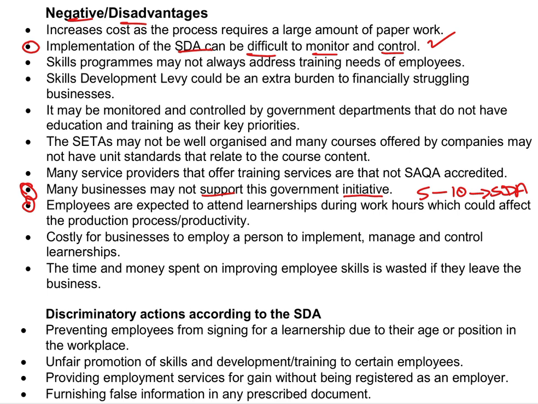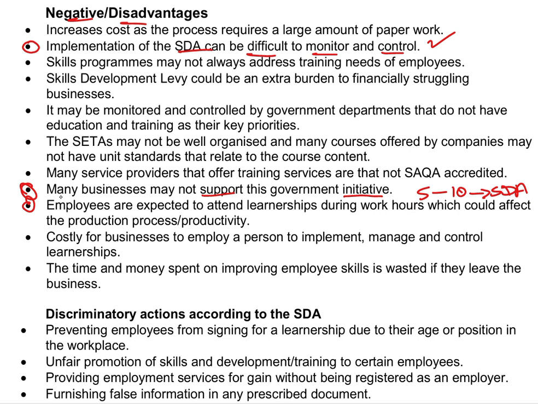So what I'm trying to say is that you guys need to understand this firstly. But when you are writing this down, they want exactly. So it's better if you understand what they are saying before you jot it down. So many businesses may not support these government initiatives.